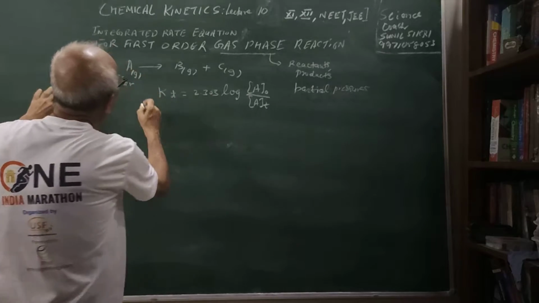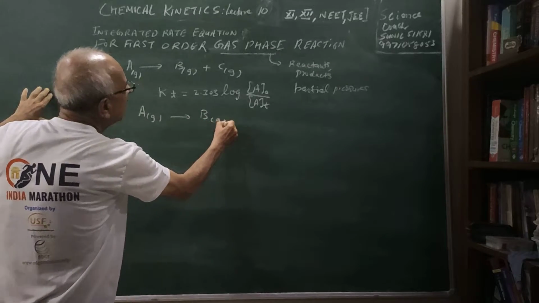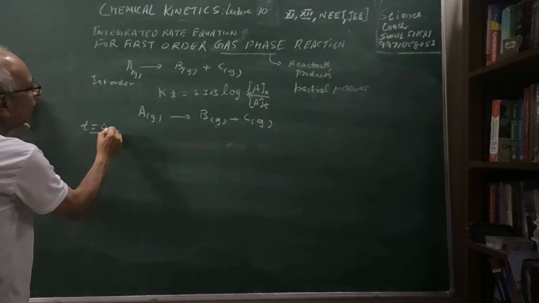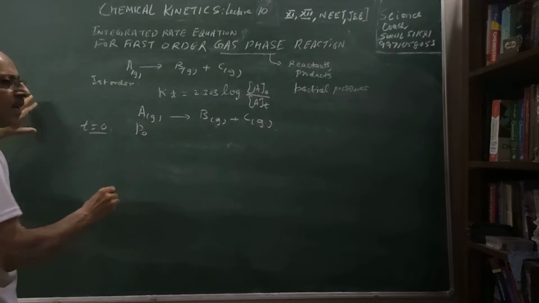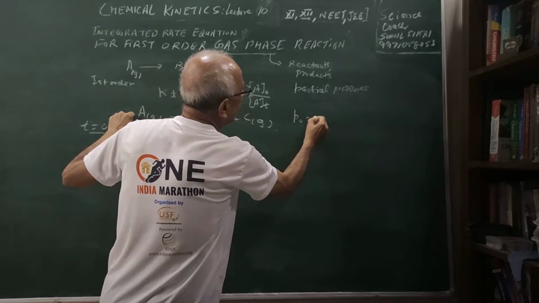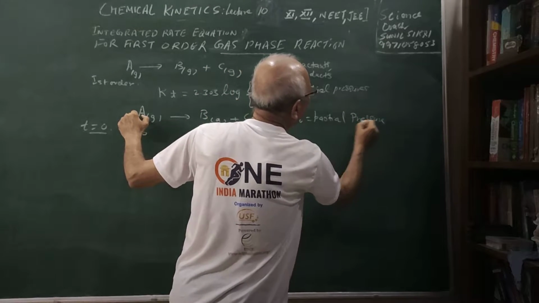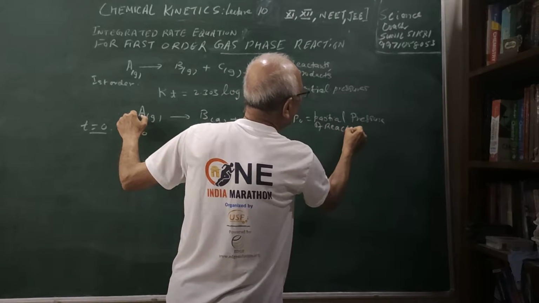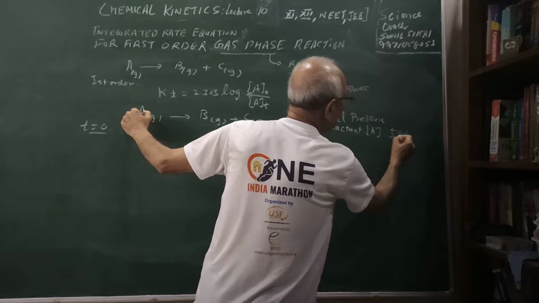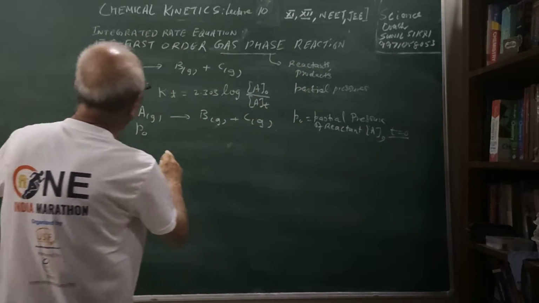Now we don't have molar concentration, we have pressures. Supposing for this reaction, at time t equal to 0, the partial pressure of reactant A is P0.